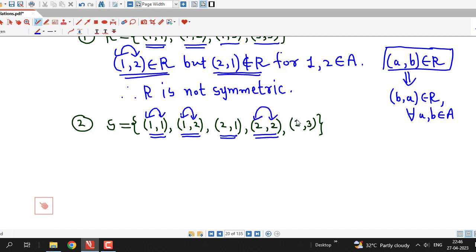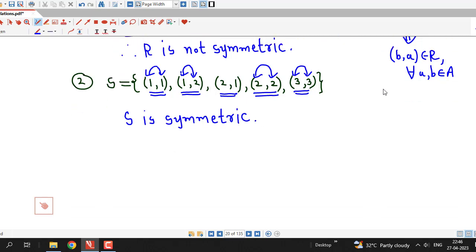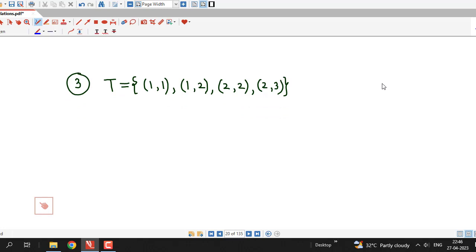If we reverse the order, we obtain the same element, and the same for 3, 3. So this relation S is symmetric, because AB belongs to S implies BA belongs to S. This condition is satisfied. The third relation is T equal to this set.